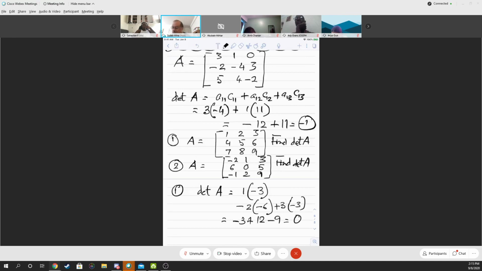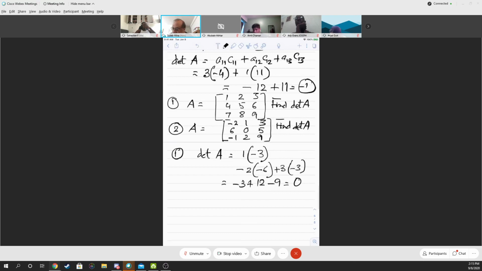Determinant of A is zero. So a square matrix A whose determinant is zero is called singular.